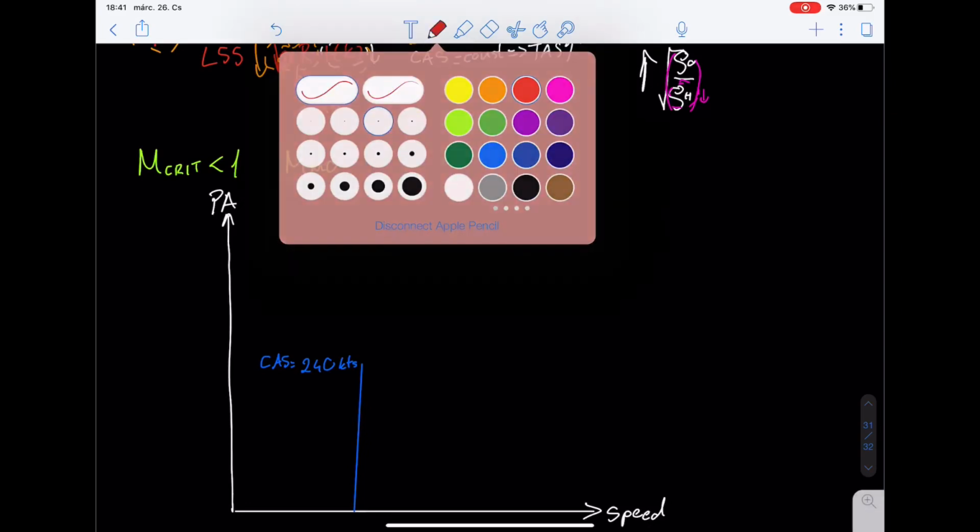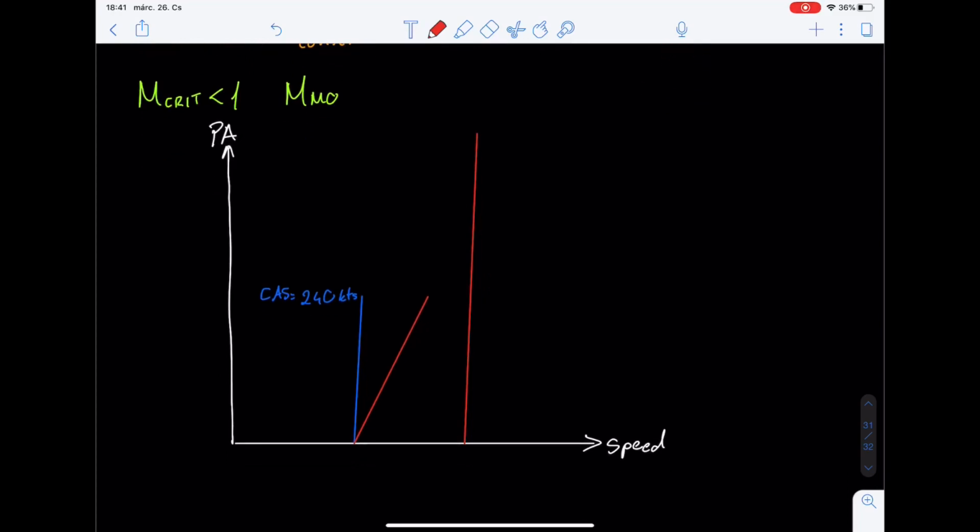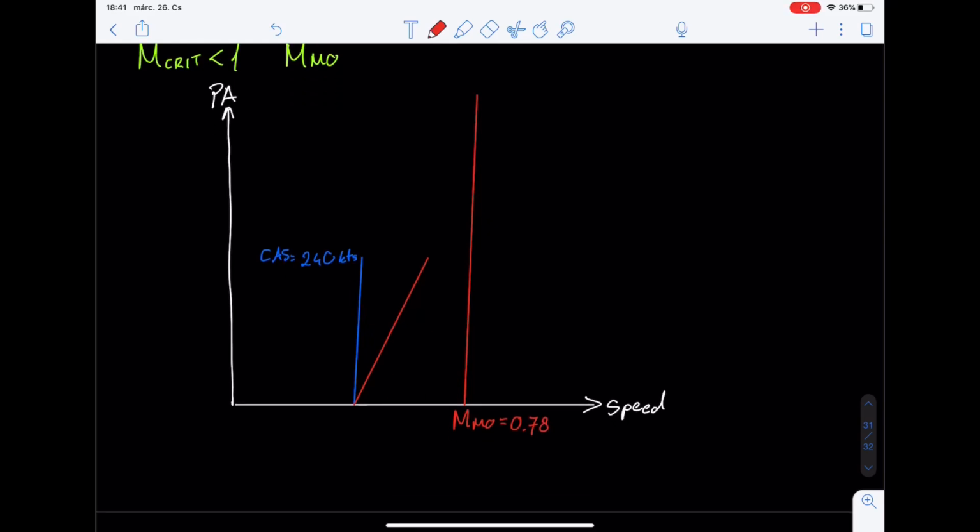As I'm climbing, I'm going to have an increasing Mach number. I also have a limitation right here for the Mach number, which, let's say, is 0.78. So the maximum operating Mach number for our example is 0.78.